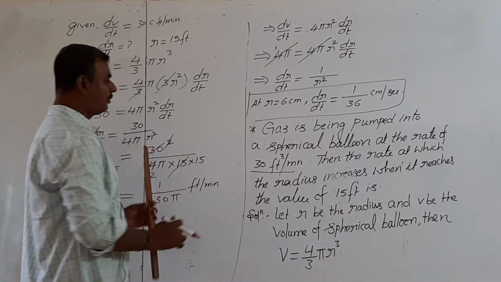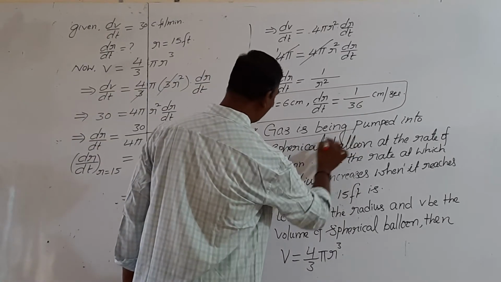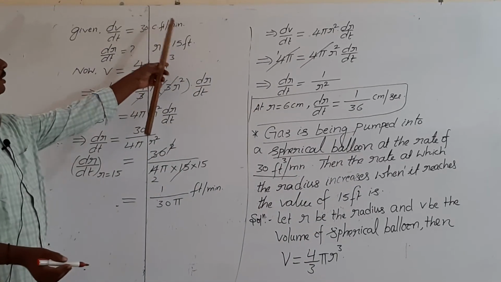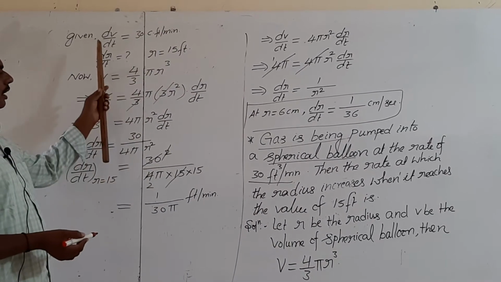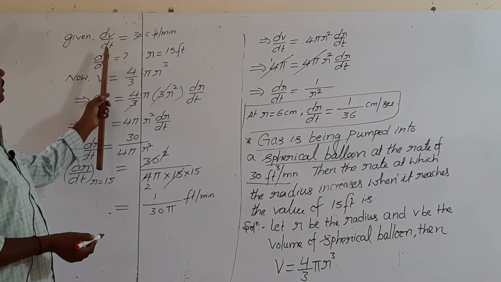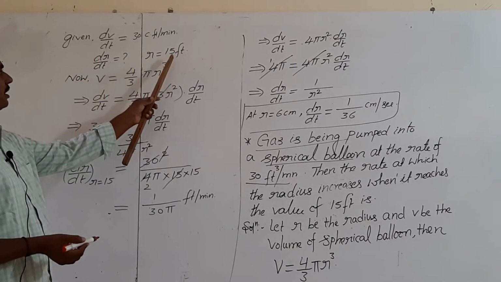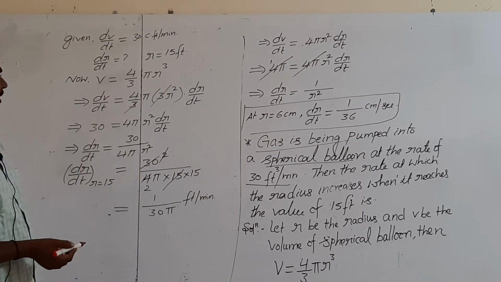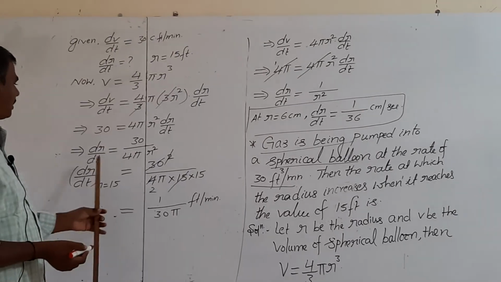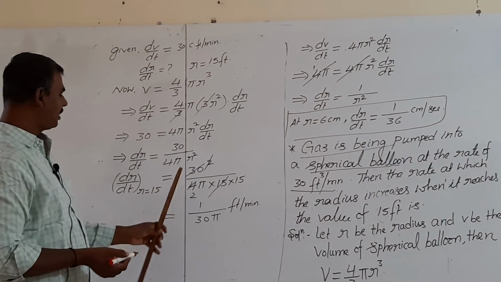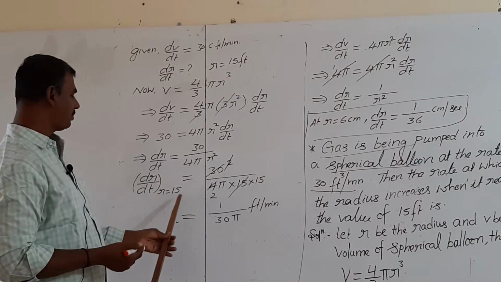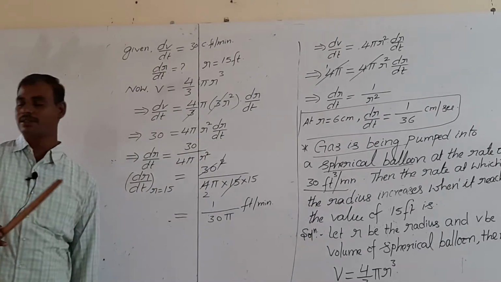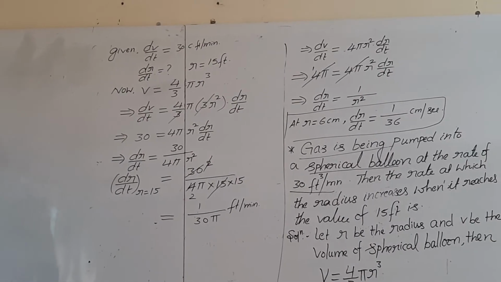Here, the rate of volume is 30 cubic feet per minute, and we are finding dr by dt at the instant of 15 feet. Take the formula, differentiate with respect to time, and substitute the instant value. After the differentiation, we substitute the r value and get the rate of change in radius. This is the question.